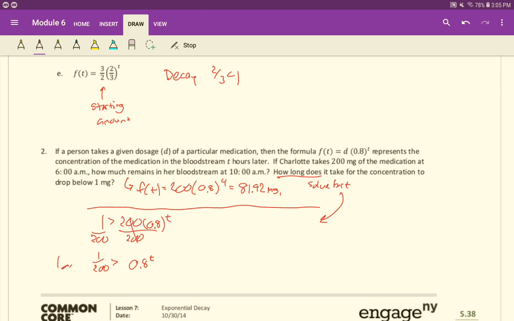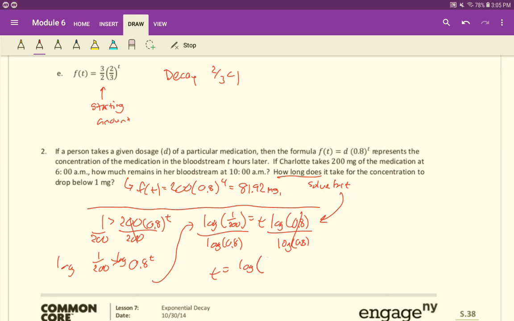Now we'll use a logarithm. We'll just take the log of both sides, which says log of 1/200 equals t times the log of 0.8. Divide both sides by the log of 0.8, and we'll have t is exactly the log of 1/200 divided by the log of 0.8.